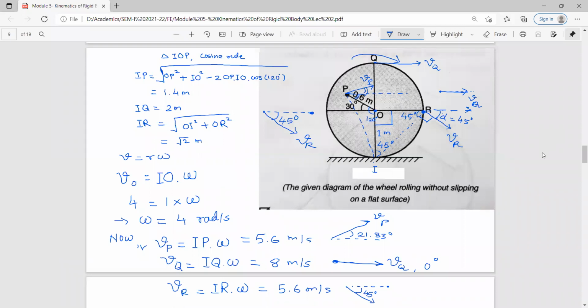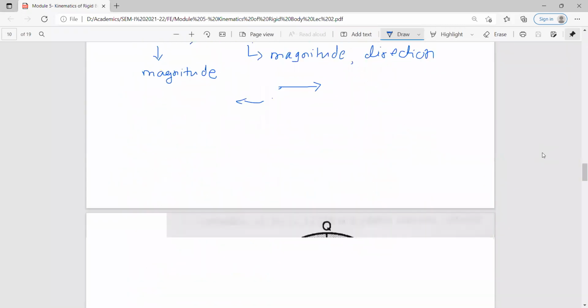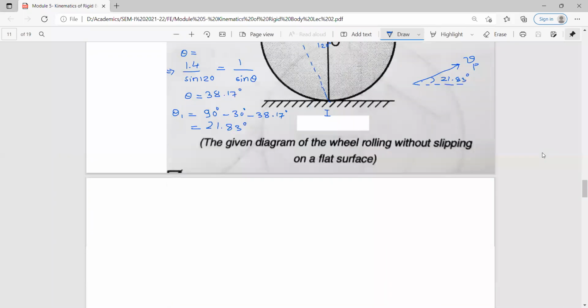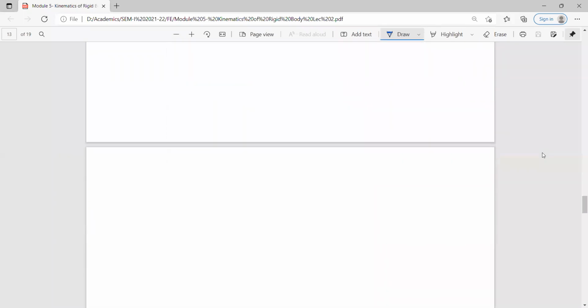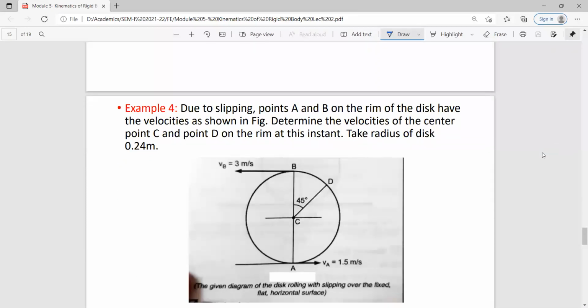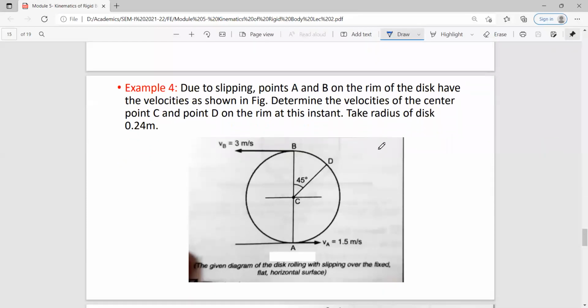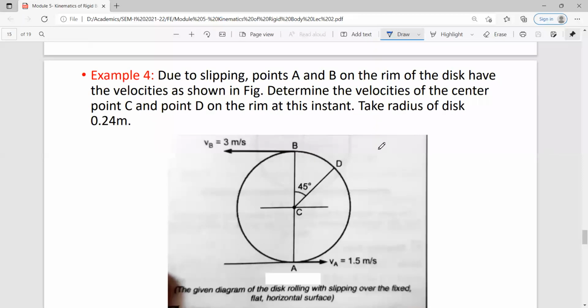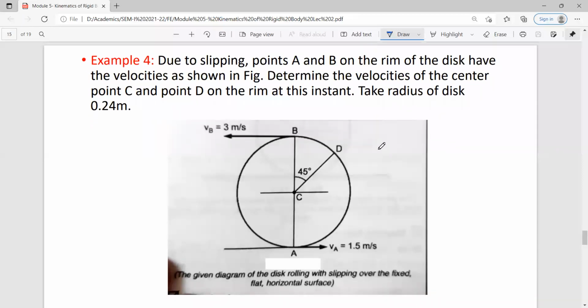Okay, so next problem, you try to solve it. Otherwise, we will solve the same numerical tomorrow. In tomorrow's lecture, you can take down this numerical and think of it, because it is a bit different.